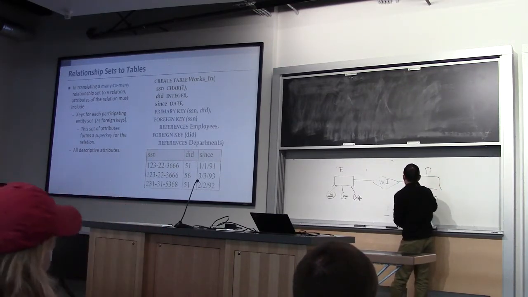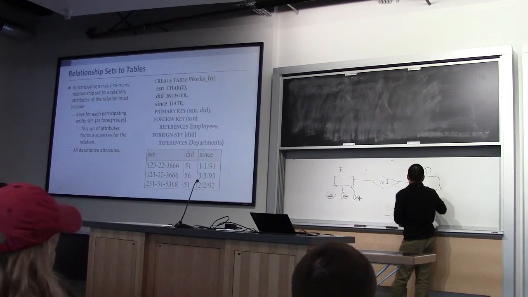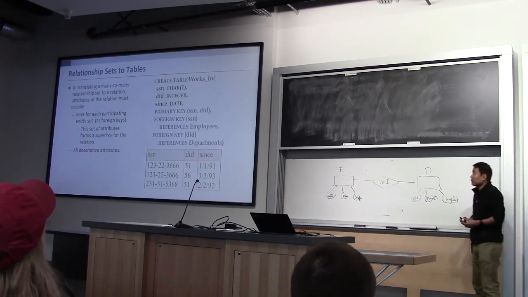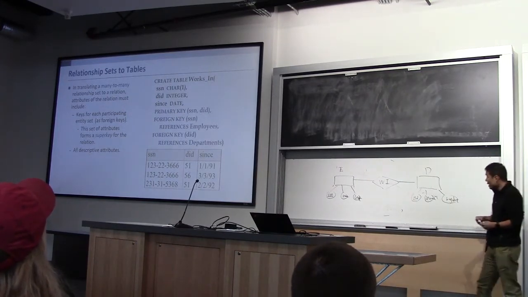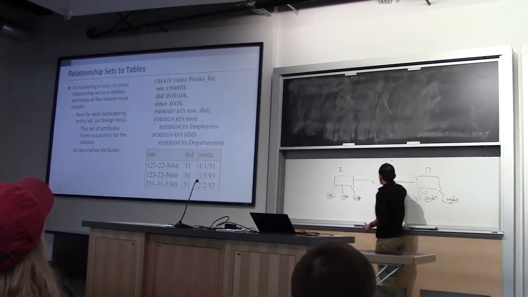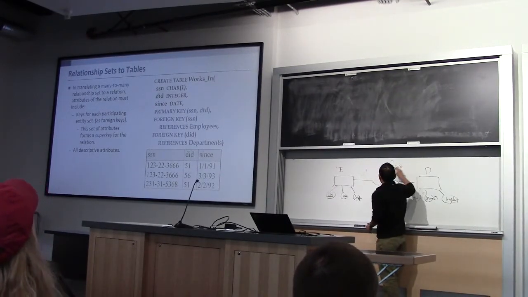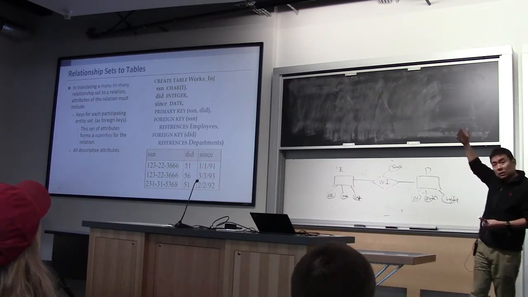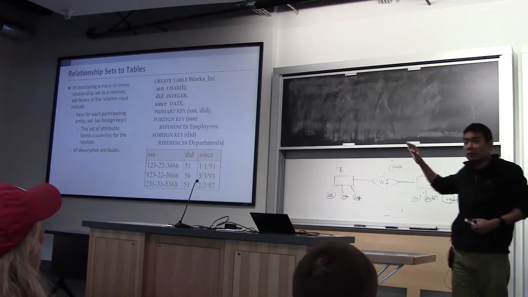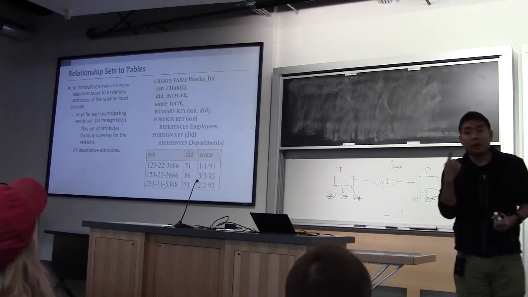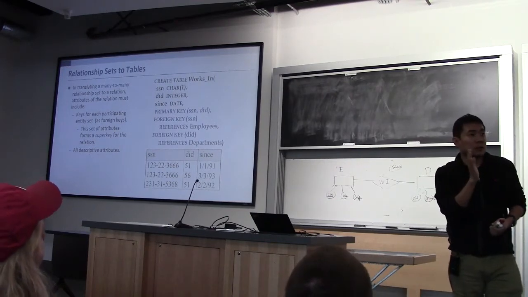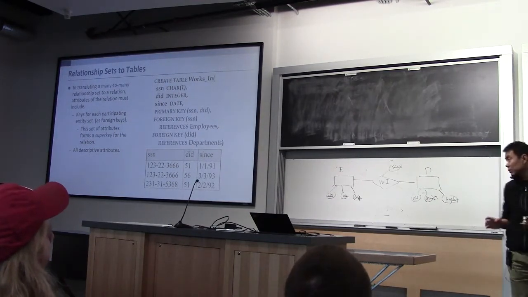And I have DID, name, department name, and let's say budget, department budget. That's my setup. And I want to capture the fact that an employee works for a department starting from a particular date, since when you work for that department. And per the discussion earlier, this design allows an employee to work for a department only once. So far so good? Everybody on the same page? By the way, if you have questions, just interrupt.